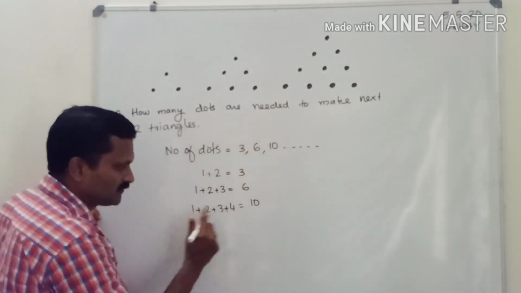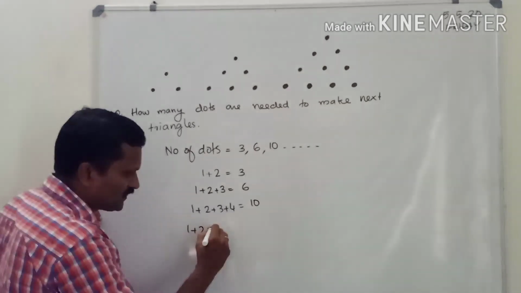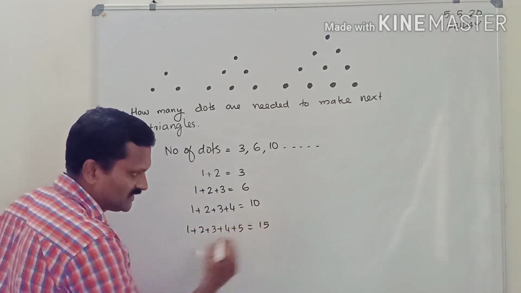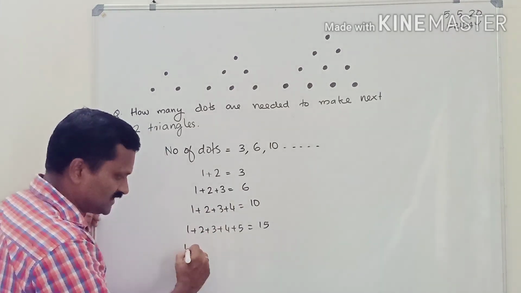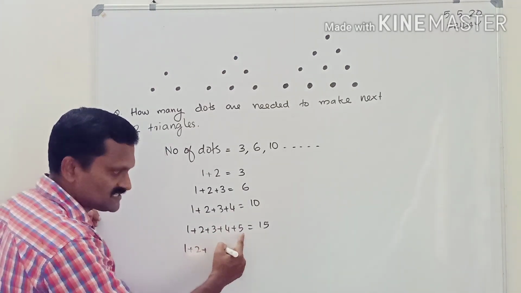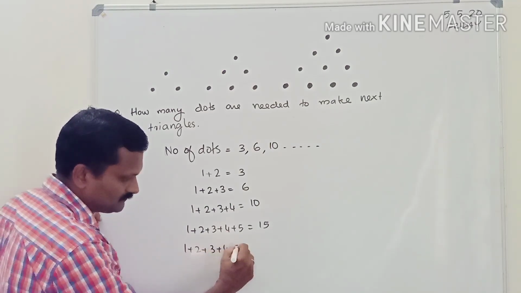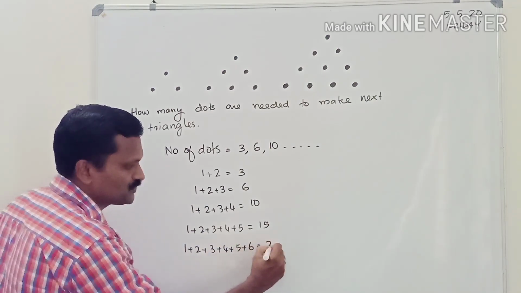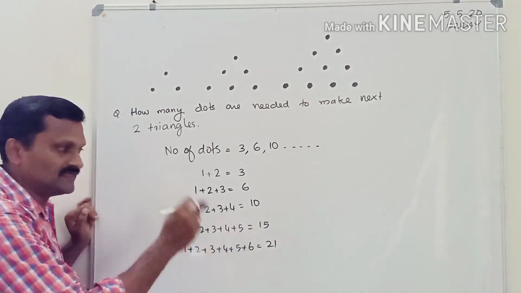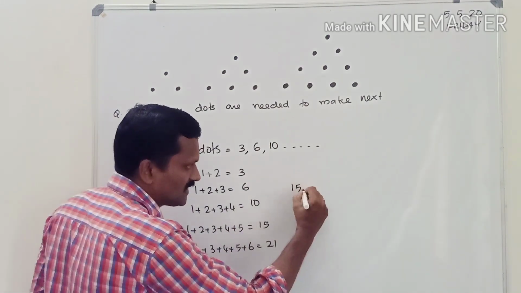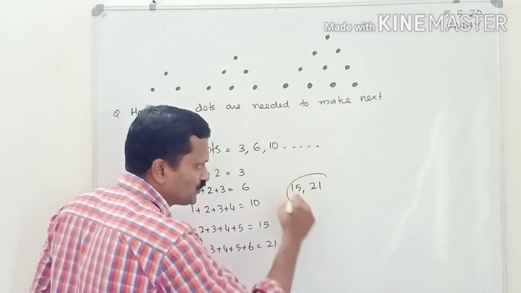Similarly, the next term is the sum of the first 5 natural numbers, that is 15. And the next term is the sum of the first 6 natural numbers, that is 21. Therefore, the dots needed to make the next two triangles are 15 and 21.